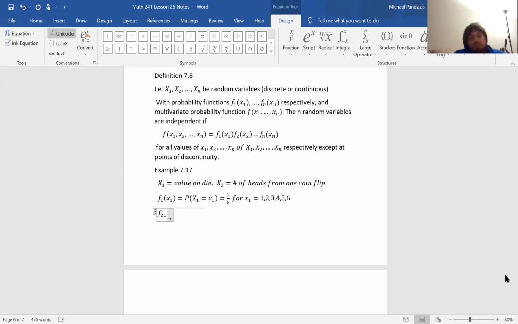F sub 2 of x2 is equal to the probability that X2 is equal to little x2, which is 1/2, for x2 equal to 0 or 1.